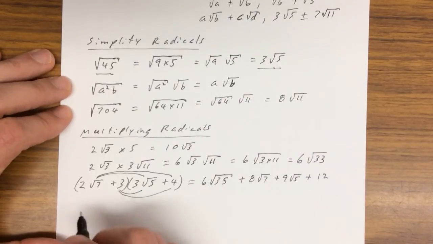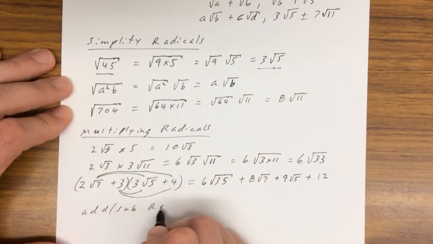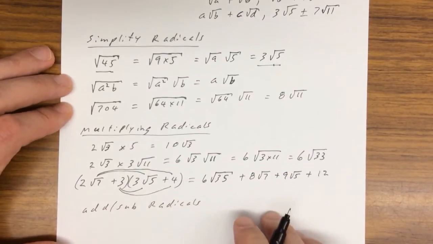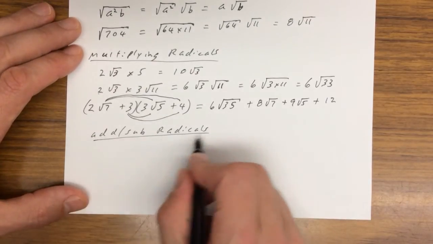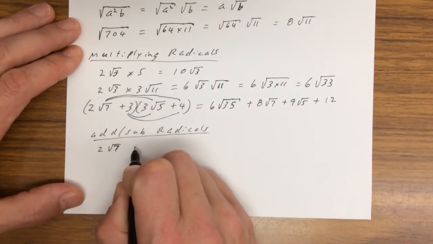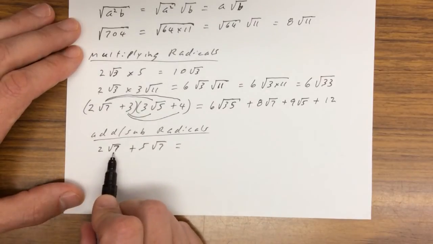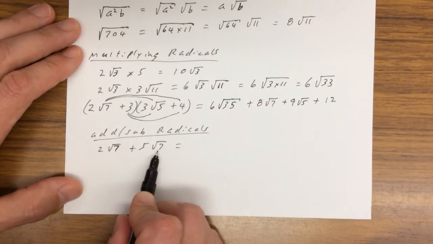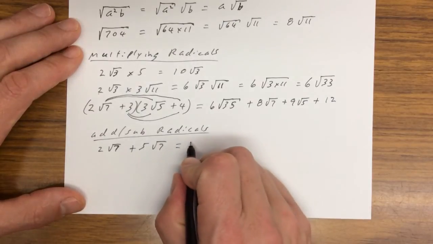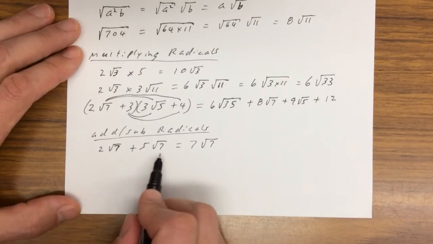Okay, so I'm now going to jump to adding and subtracting radicals. Well, if you had 2 root 7 plus 5 root 7, that means you're adding root 7 to itself twice, and then another 5 times. So that means you have 7 root 7s. Okay, so it's like collecting like terms.